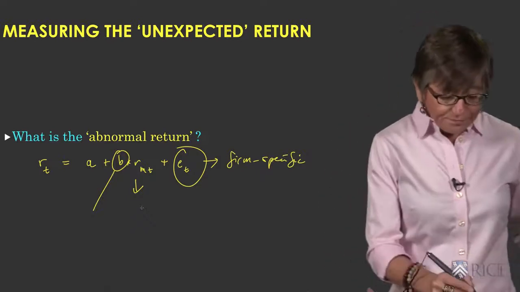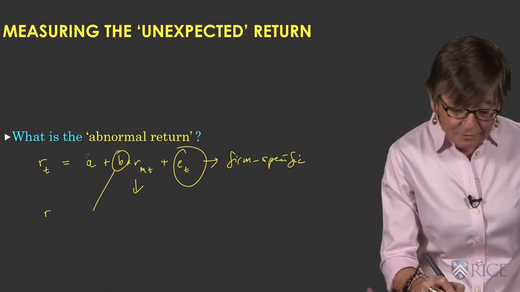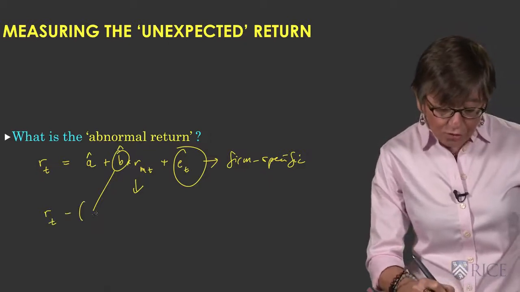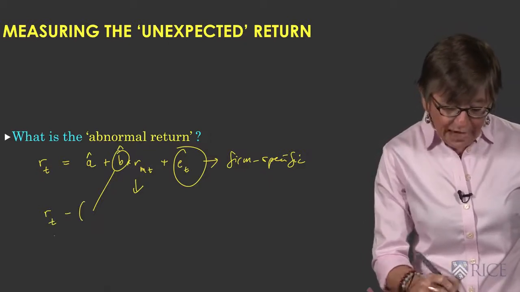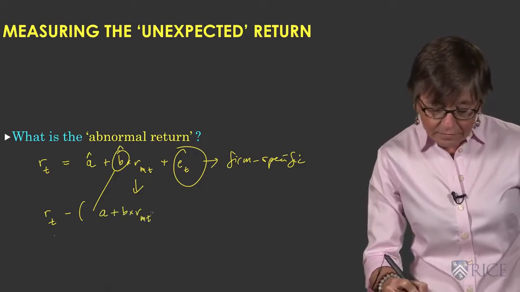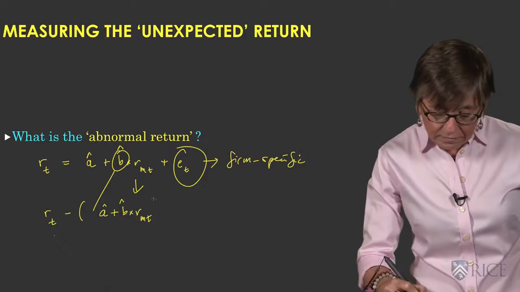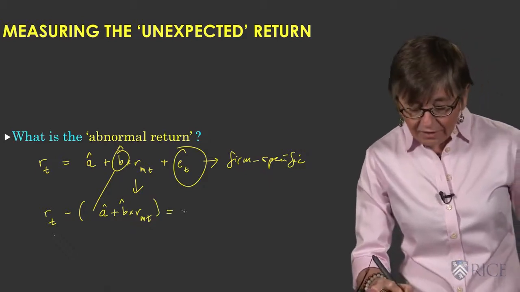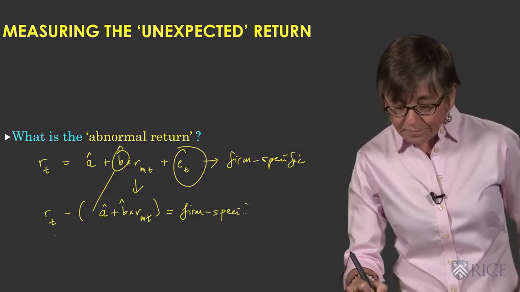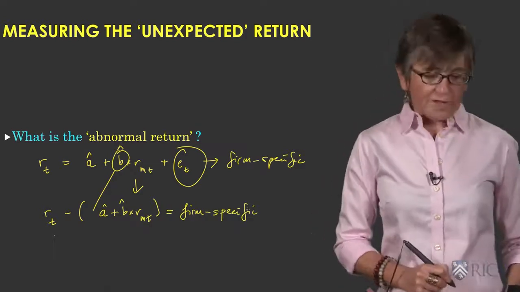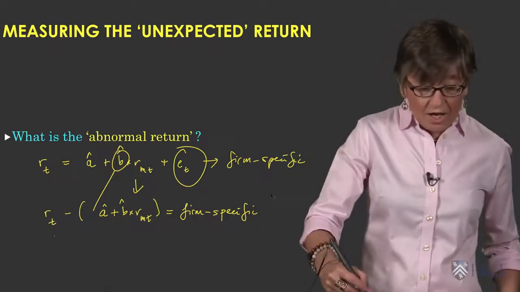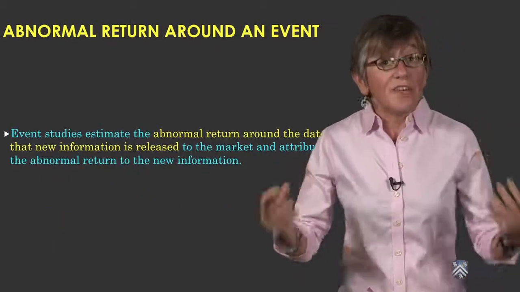In other words, if we can estimate these parameters, we could subtract the expected return from the actual return, and that will give us the firm-specific factor. So basically, this is the general idea of an event study.